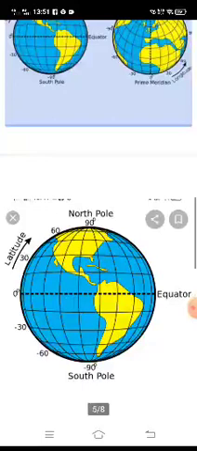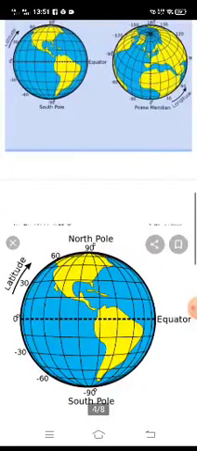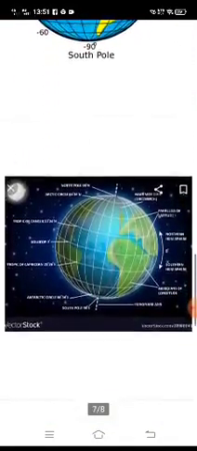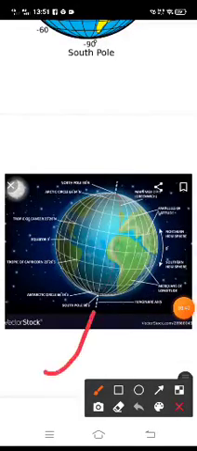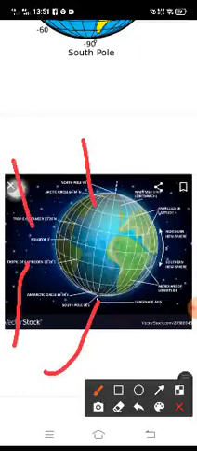Now see the North Pole and the South Pole. What is this, beta? This is the equator, the line which divides the earth into two equal parts. Now in this picture you are able to see the northern hemisphere, the South Pole, the North Pole, the parallels of latitude, longitude, the southern hemisphere, Tropic of Capricorn, Tropic of Cancer, Antarctic Circle downwards, and Arctic Circle upwards.